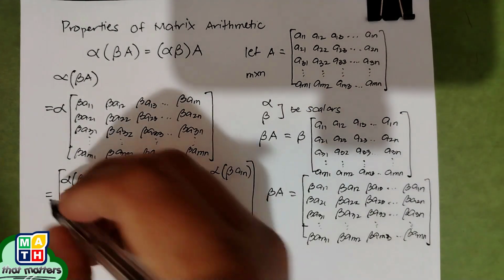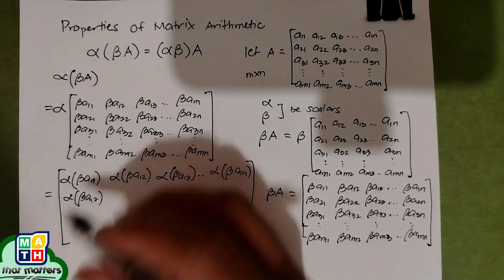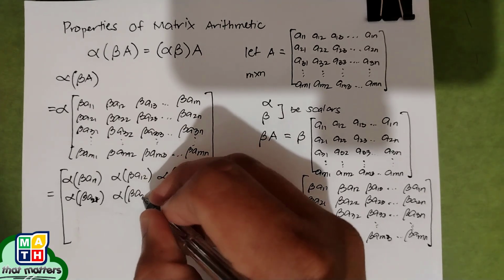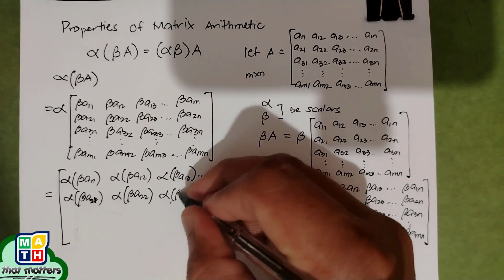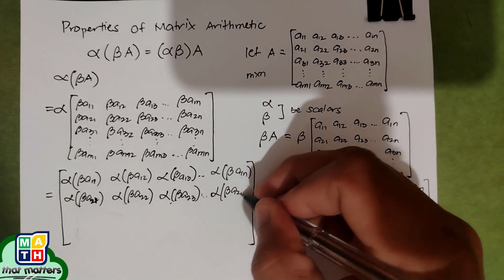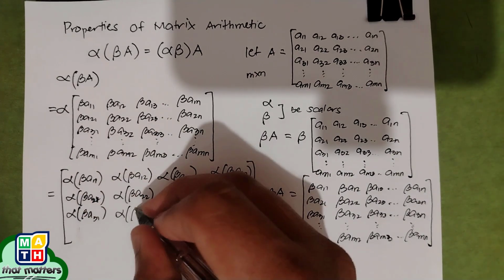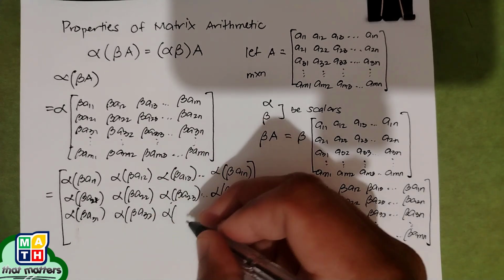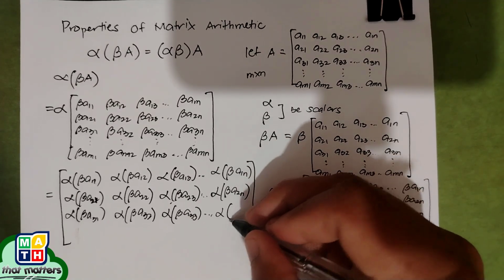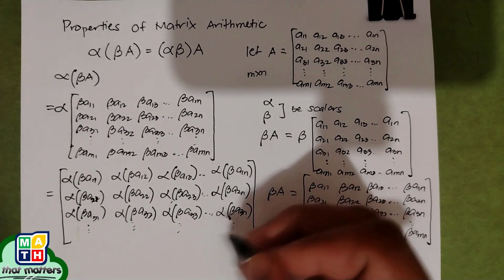Okay, so now the second row: alpha times beta A21, alpha times beta A22, alpha times beta A23, dot dot dot, alpha times beta A2n, alpha times beta A31, alpha times beta A32, alpha times beta A33, dot dot dot, alpha times beta A3n, until your mth row.